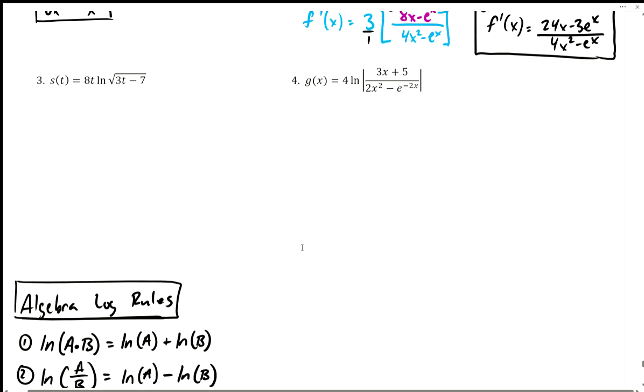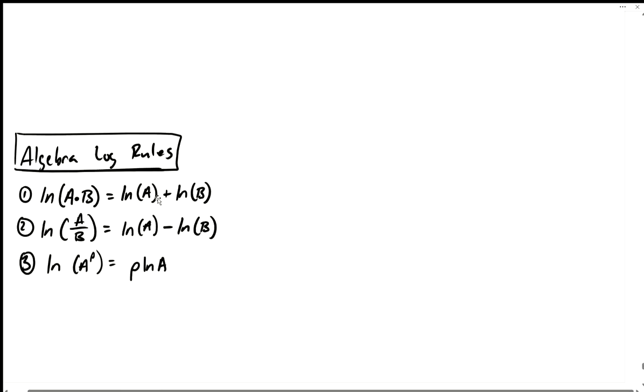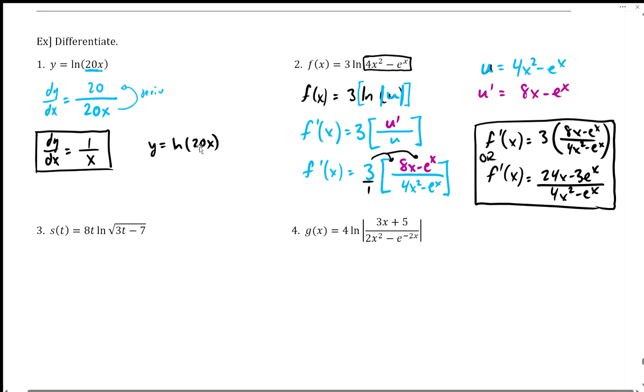So for instance, even this very first one, I'm just going to rewrite it right here, that we did from the previous video. If I use this multiplication rule, I do have 20 times x right here. So times x. So that means this is the same thing as ln of 20 plus ln of x.